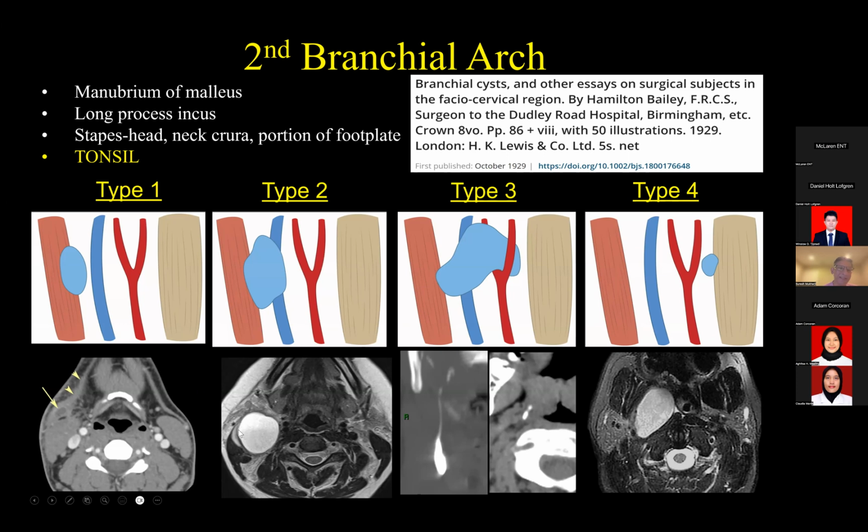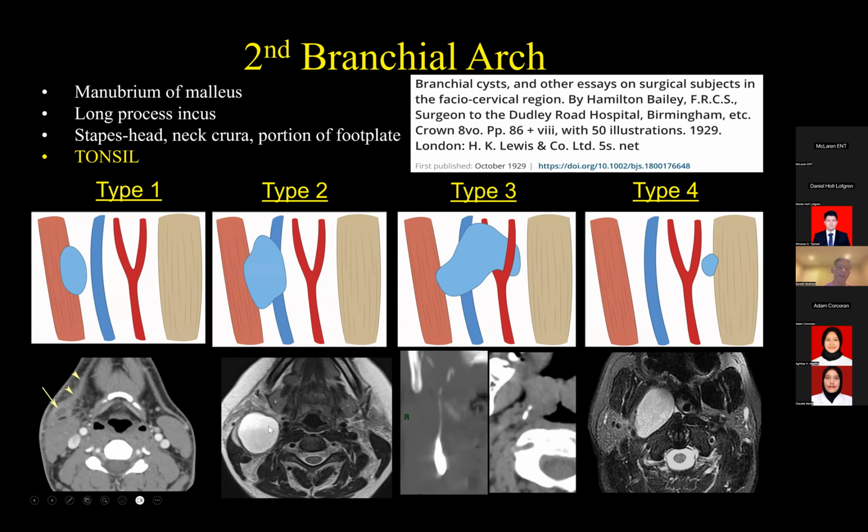So the point being is that you have to be incredibly wary. In fact, it's almost impossible to find a true second branchial cleft cyst that presents in an adult. Anytime that you see a cystic lesion in an adult, especially if there's a thick enhancing rim that is located in the region of level 2, by definition, you have to exclude squamous cell carcinoma metastases from HPV.